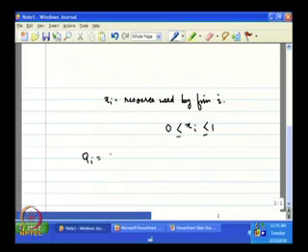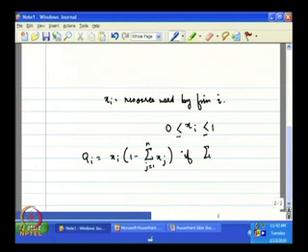What we further know is that if the ith firm uses this resource xi, it is able to produce some output, and this output, let us call it qi, is given by xi multiplied by (1 minus the summation of xj, j goes from 1 to n), if the summation is less than or equal to 1, and 0 otherwise.